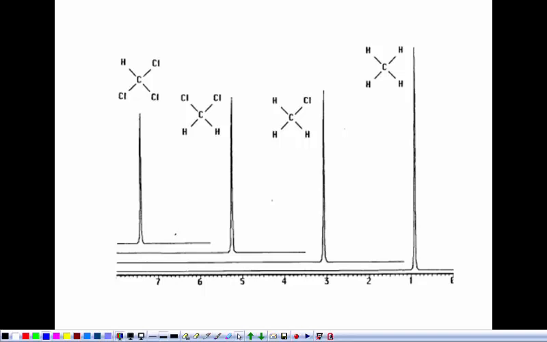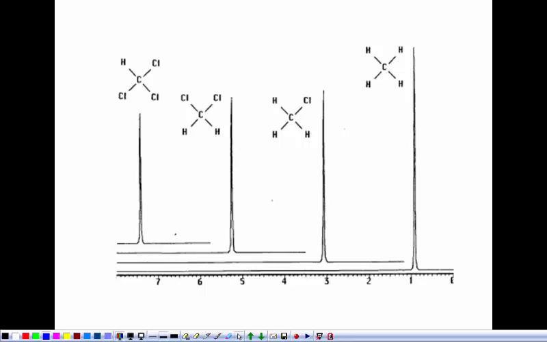So the y-axis here in an NMR spectrum is going to be related to the intensity of the peak, which is going to be proportional to the number of hydrogens that one has in that particular signal. The position of the peak on the x-axis is going to tell us about the shielding and de-shielding of those hydrogens, which is going to tell us something about the structure.